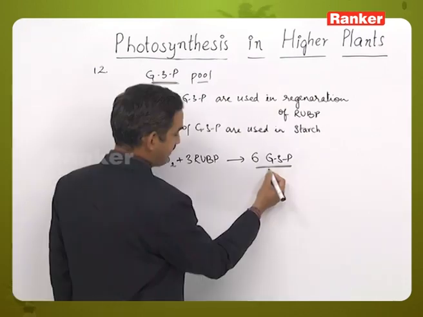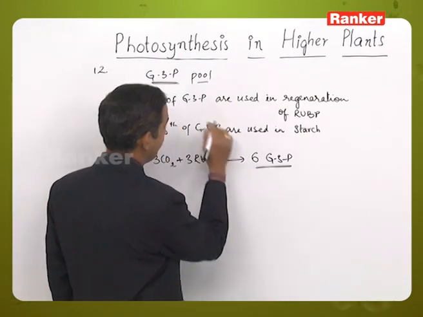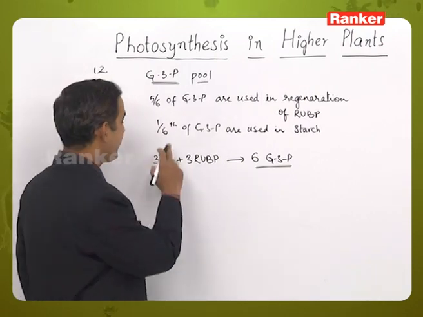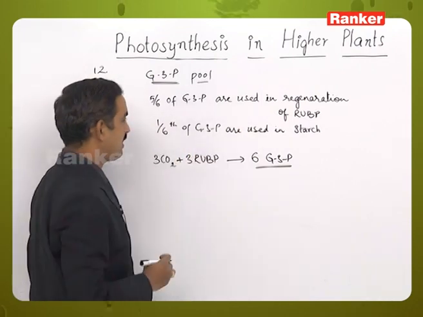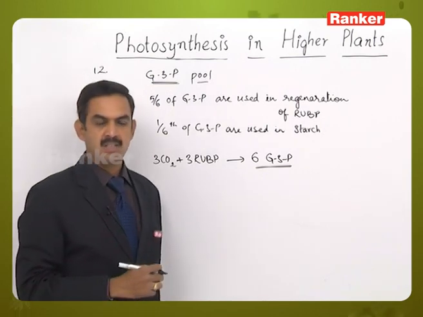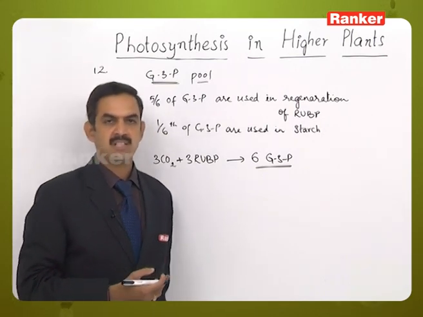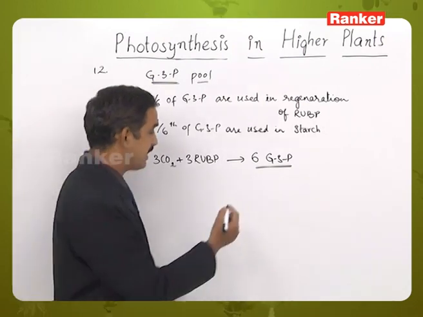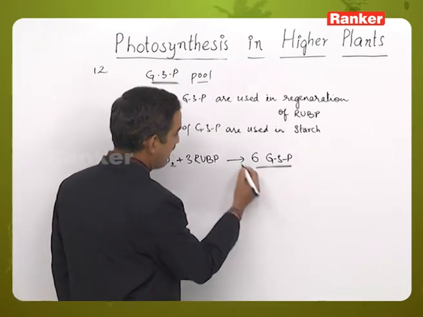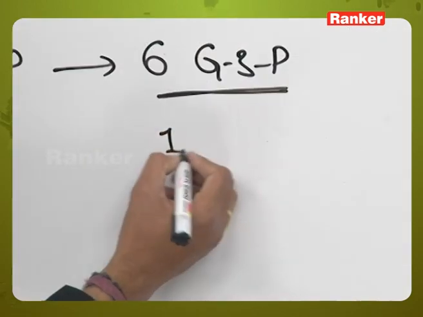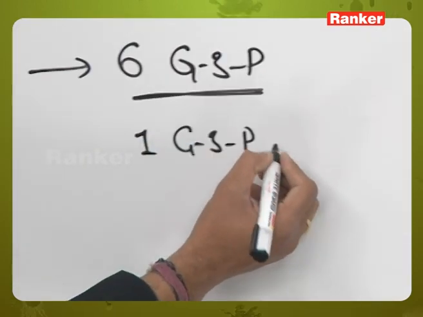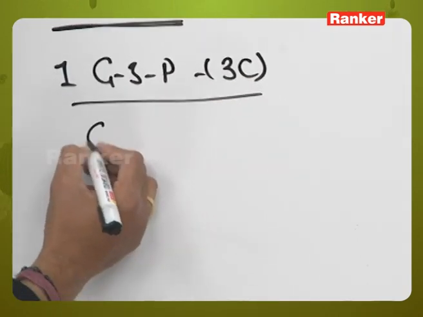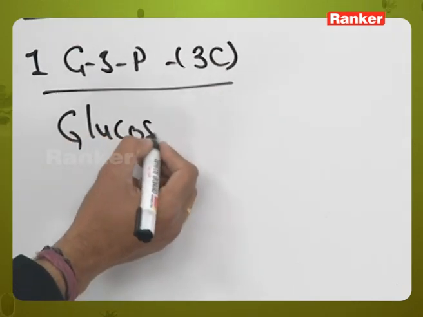So 5/6 means that out of 6, 5 will be used in the regeneration of RuBP, whereas 1/6 means only one G3P is used in the formation of the product which will be transported through the phloem tissue. But 1/6 means only one G3P molecule, which is a 3 carbon compound, whereas the end product should minimum be a glucose molecule.